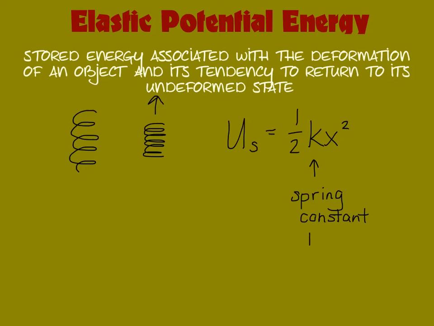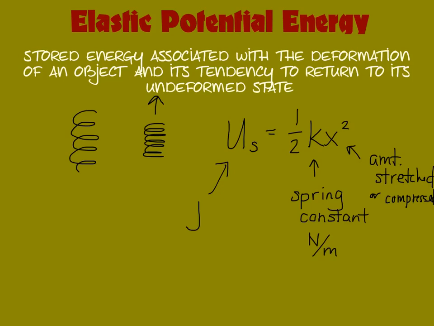It is measured in newtons per meter. x in this equation is the amount that the spring has been stretched or compressed based on its original length. You'll understand a bit more about that when we look at our first example problem. And of course, just like any other type of energy, elastic potential energy for a spring is measured in joules.